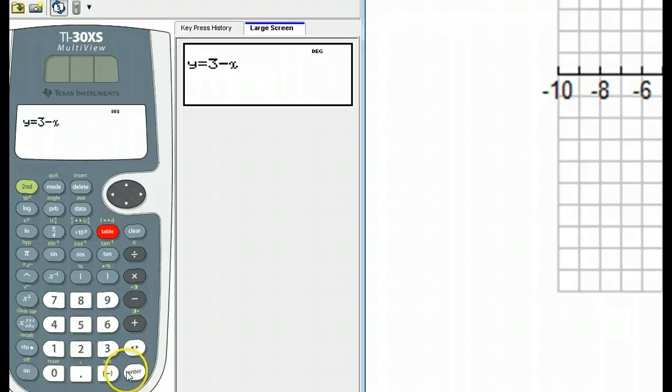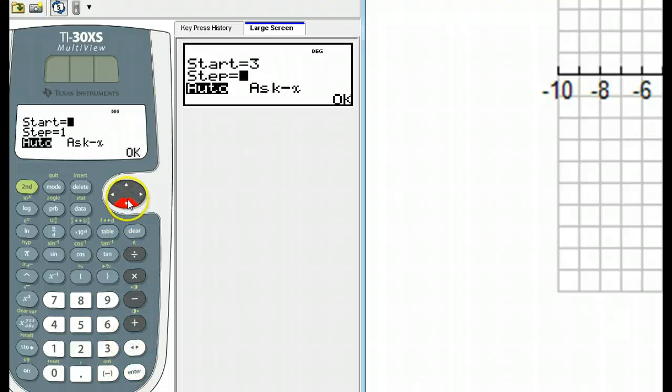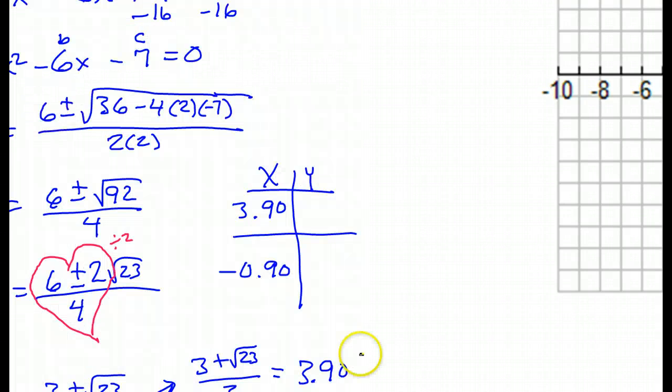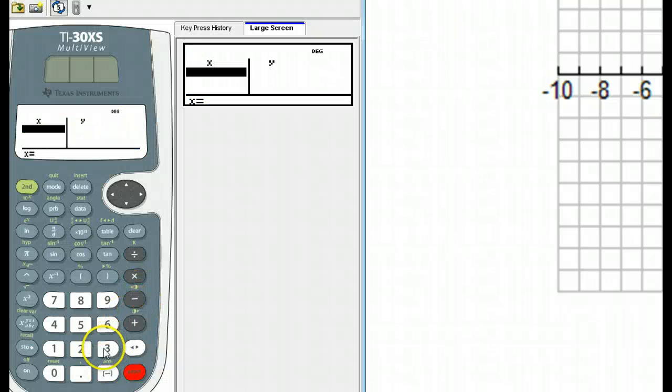So let's go back, hit the table button. I'm going to do this. Instead of leaving it on auto, I'm going to put it on ask x. Alright, that way I can tell exactly what I want. So I want an x value of 3.90. So now I can type in 3.90. Boom!